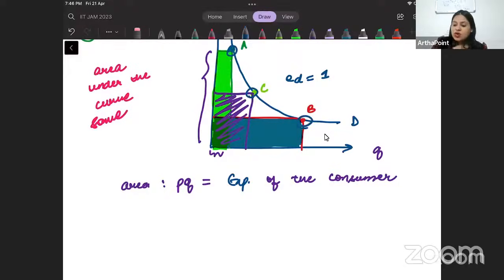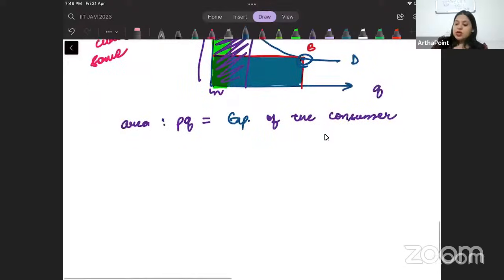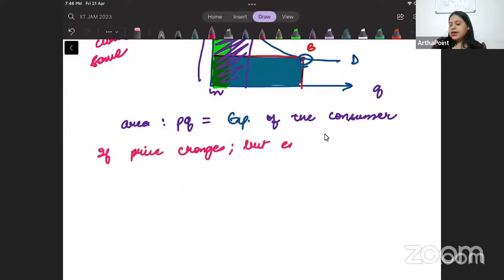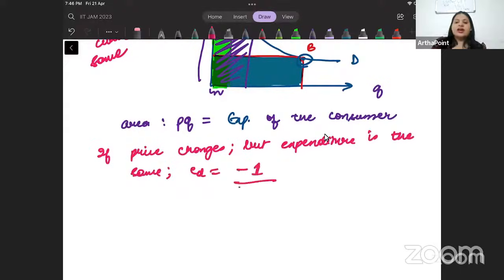So please write down: if price changes but expenditure is the same, then the elasticity of demand is unit elastic.